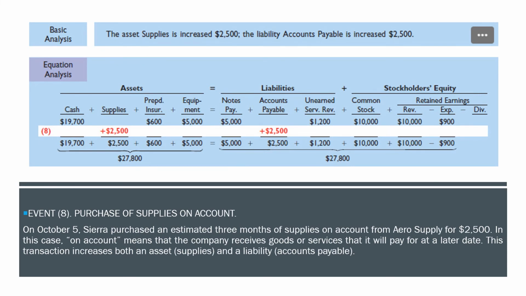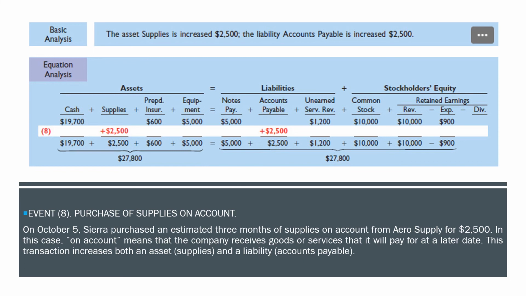Okay, so event 8, purchase of supplies on account. Here we are looking at accounts payable. On October 5th, Sierra purchased an estimated three months of supplies on account from Arrow for $2,500. On account means that the company receives goods that it will pay for at a later date.